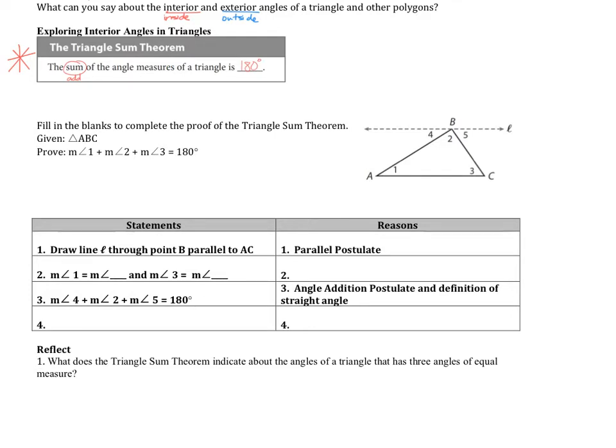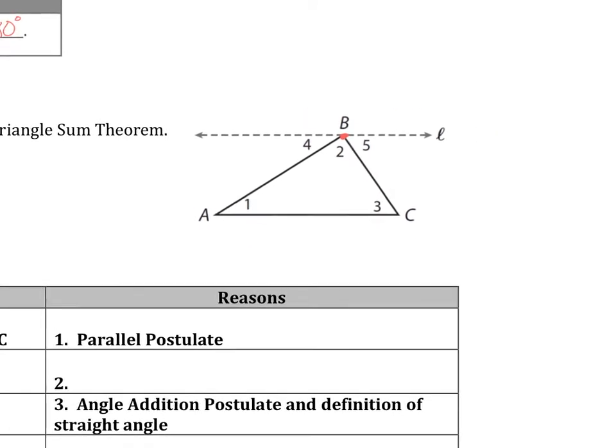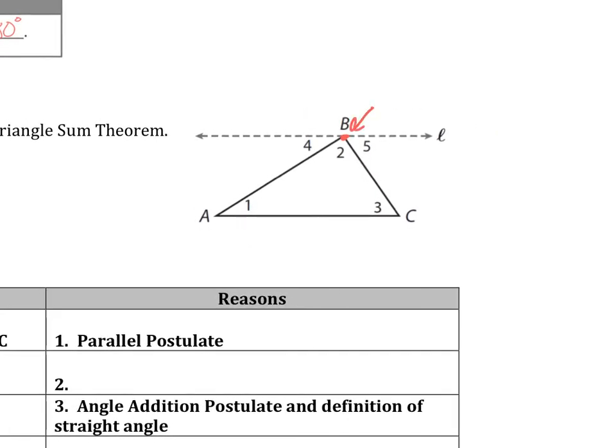So the first thing you're going to do is draw a line L through point B parallel to AC. That's the parallel postulate, simply meaning that if I have a line, I can draw another line through a point that is parallel to that line. There's one line through this point, B, that will be parallel to AC.